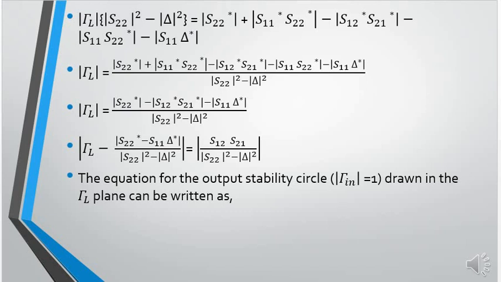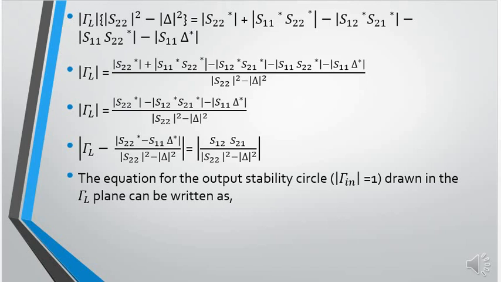So from this we are going to find the load reflection coefficient. Gamma L is equal to, so keep the gamma L as common and remaining terms, numerator term is the right hand side term, cross multiply this term. We are getting S22 conjugate plus S11 conjugate into S22 conjugate minus S12 conjugate into S21 conjugate minus S11 S22 conjugate minus S11 del conjugate divided by S22 square minus del square.